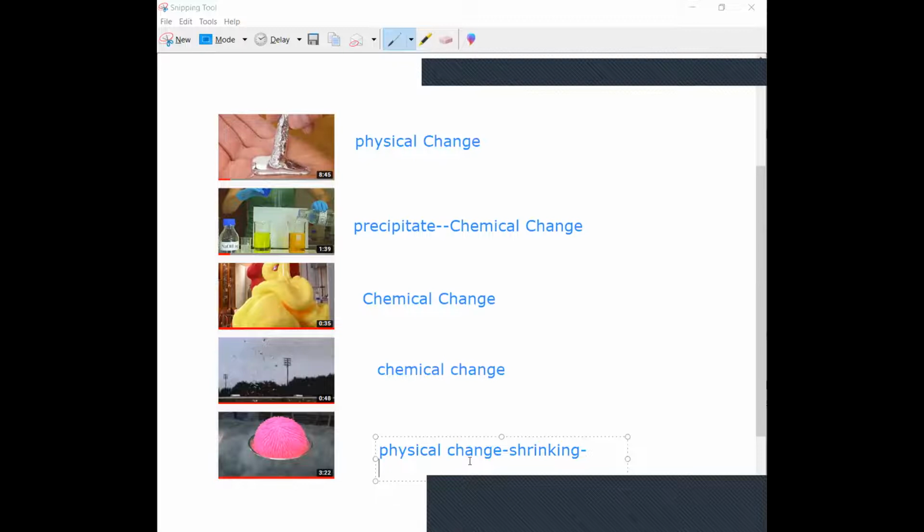So if it ruined it and actually made it disintegrate, then that would be a chemical change. So I saw a little bit of both, but if it just makes it shrink in liquid nitrogen, then that's just a physical change.